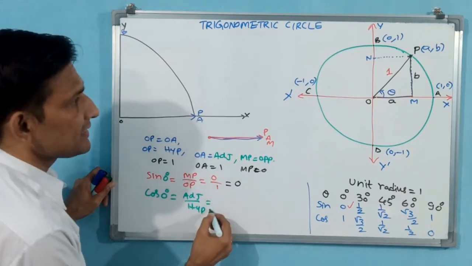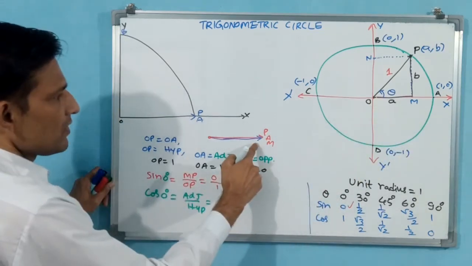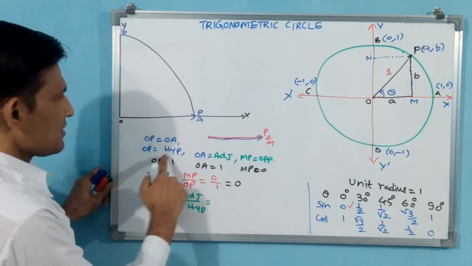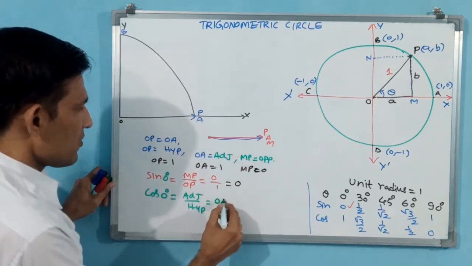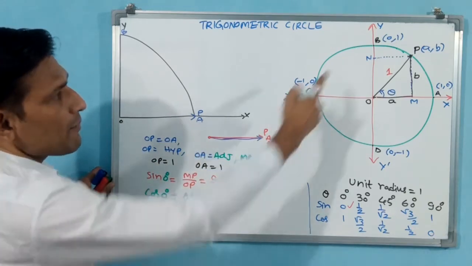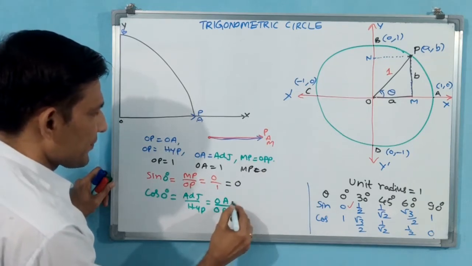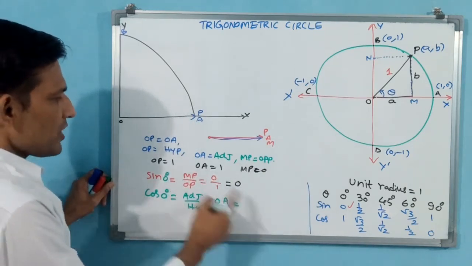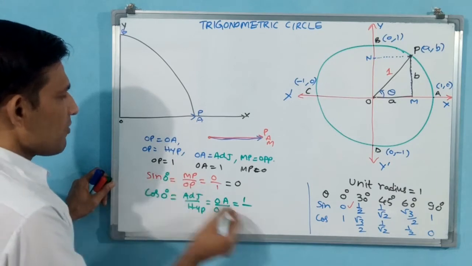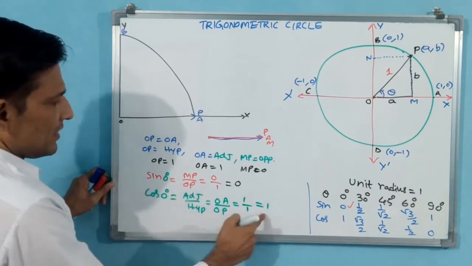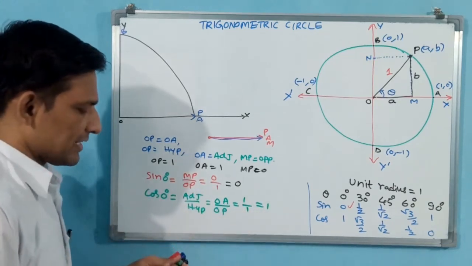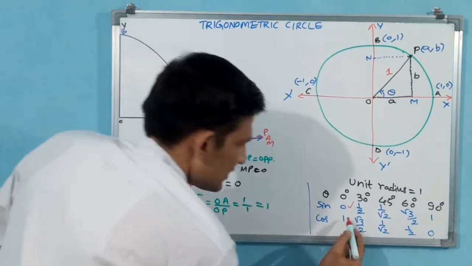Now OM has become OA. OA by hypotenuse, always OP. Now you see OA how much? 1. OP how much? 1. That is equal to 1. That means cos 0 is 1. This also we have proved.